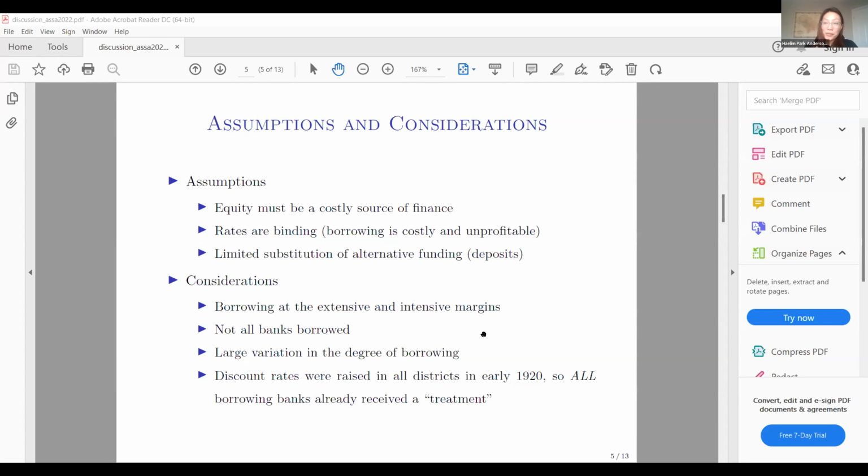The most important fact is that in the early 1920s, there was already a rate hike, which means all banks that were borrowing were already treated. So whatever you are doing at the later stage, you are doing on banks that were already treated, and at the margin they are willing to go for higher rates.